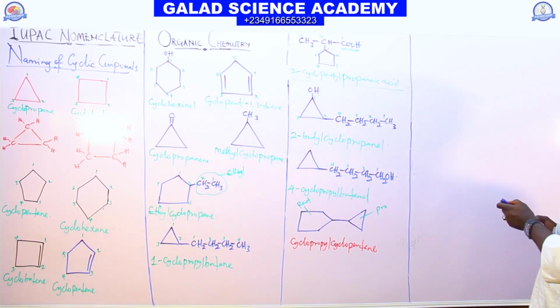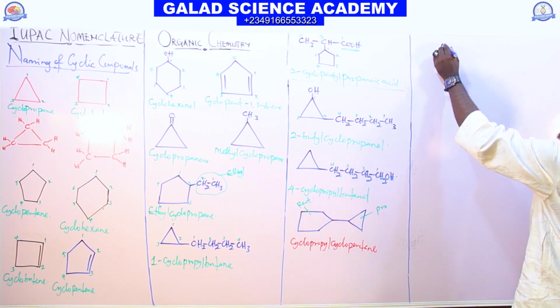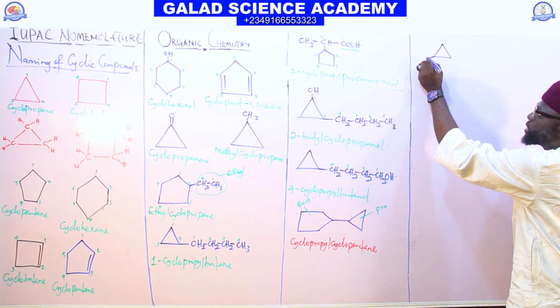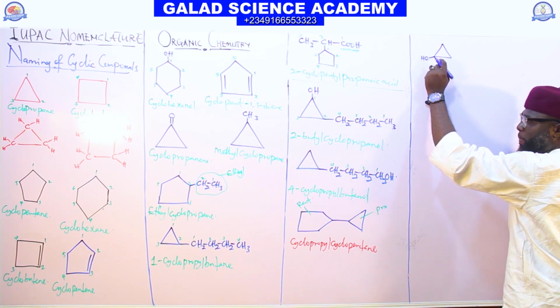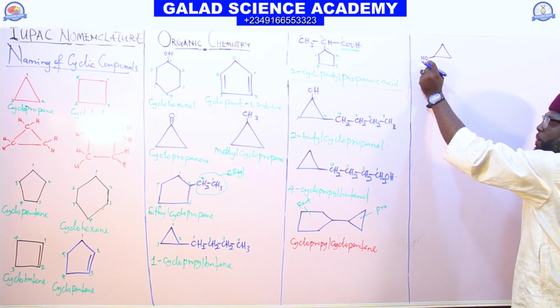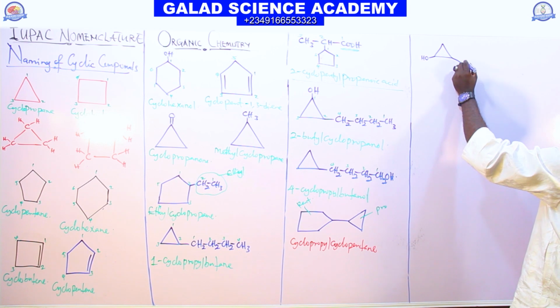But in case you have it in this form, and let me put more here, you have this structure like this. We have a triangle like this, and let me put OH here, and it's bonded with cyclohexane.